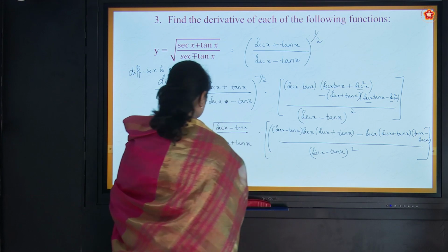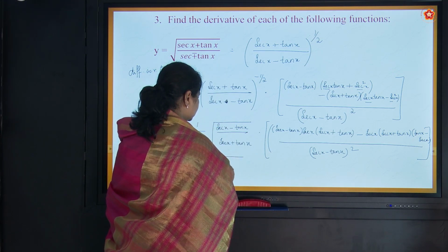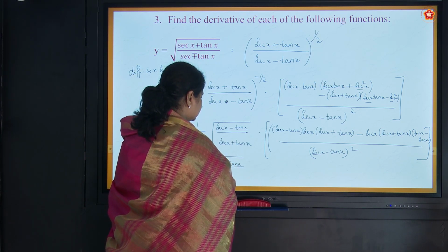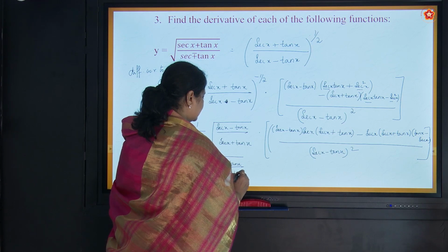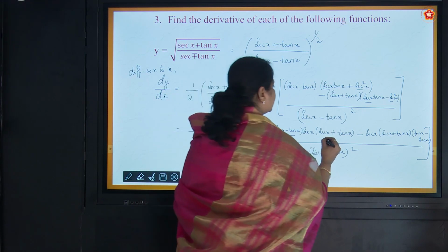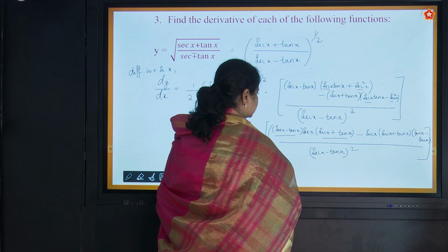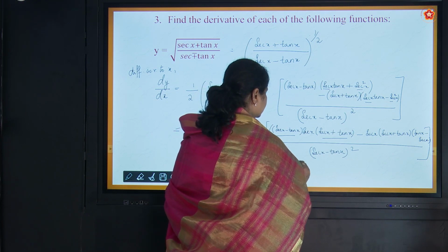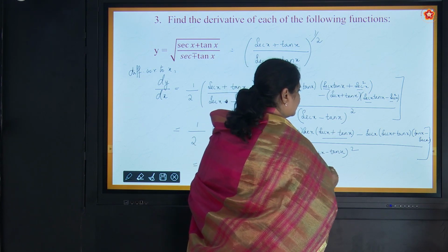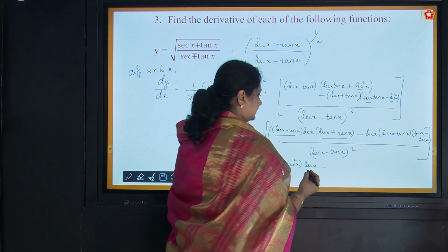So this again can be rewritten as 1 by 2 into root of secant x minus tan x divided by secant x plus tan x into secant x minus tan x into secant x plus tan x gives you secant square x minus tan square x into secant x minus, here it is tan x minus secant x into tan x plus secant x.